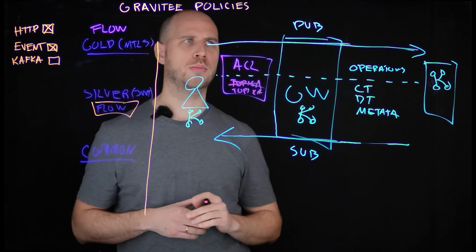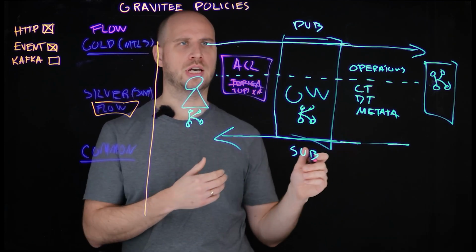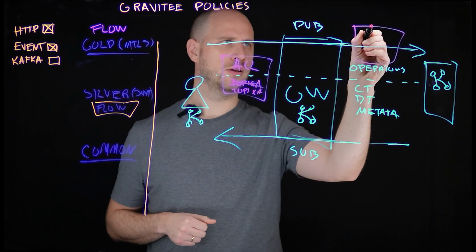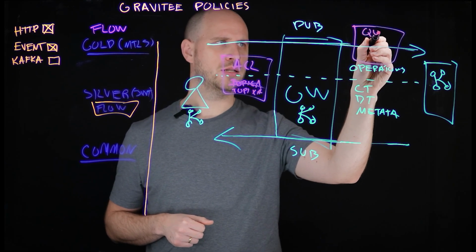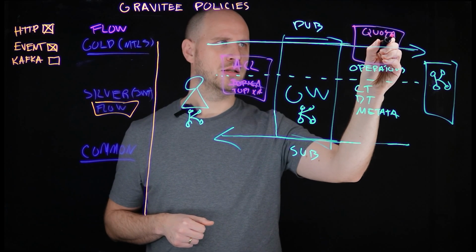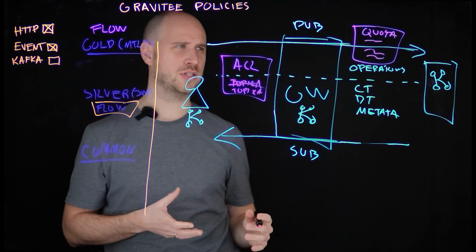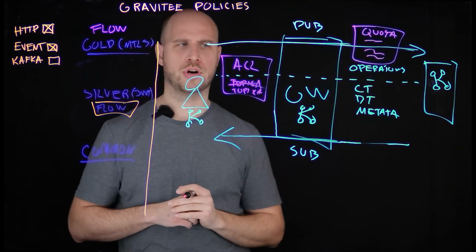And maybe when you publish data to Kafka, you want to enforce something like a quota that basically defines how much data a user is allowed to push through into Kafka, in terms of kilobytes per second, for example, before it's blocked.